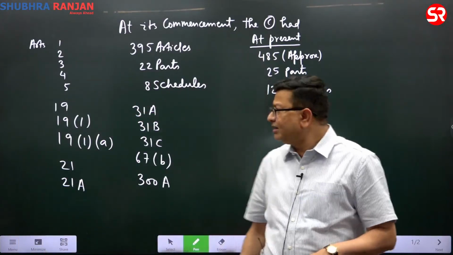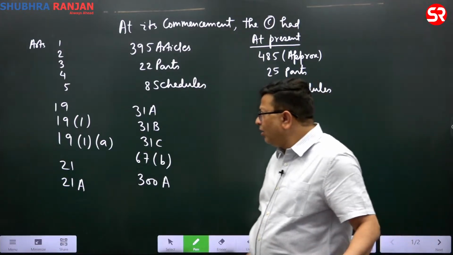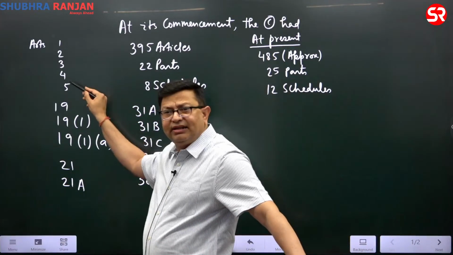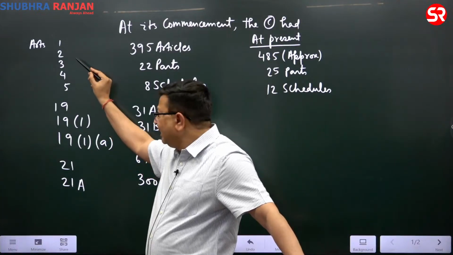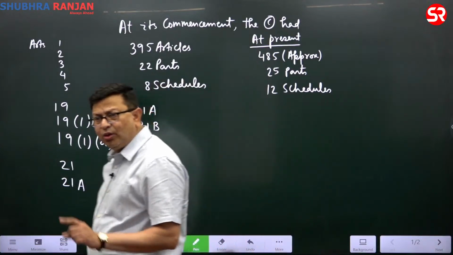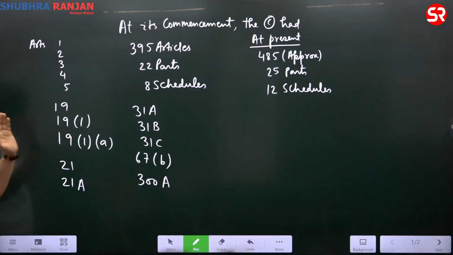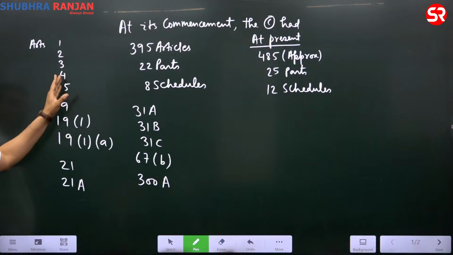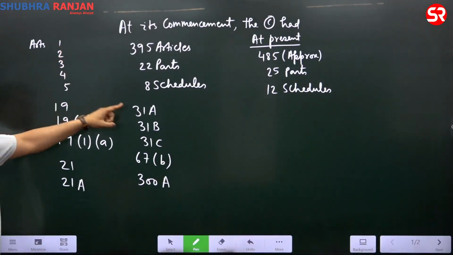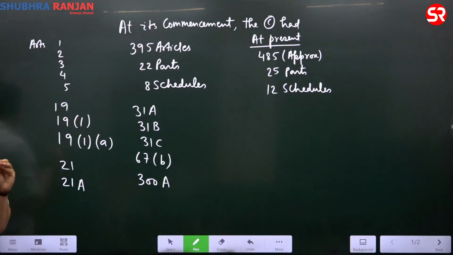Now, these articles were there in the original constitution. So articles are written like 1, 2, 3, up to 10, like this. And where there is nothing else, no capital letters, it means they were there in the original constitution. Even article 19 is from the original constitution.